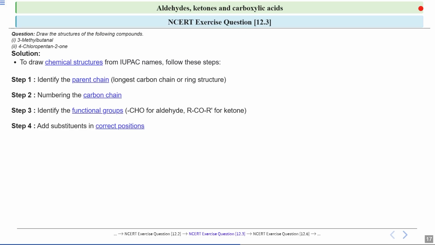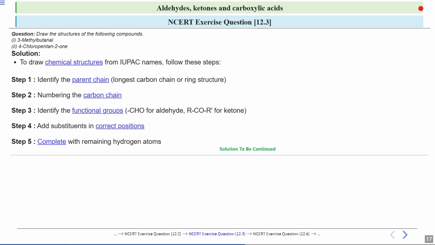The numbers in the name tell us exactly where these groups should go. Step 5 is to complete the structure by adding the remaining hydrogen atoms. You all know that carbon should have 4 bonds, so fill in the hydrogens wherever needed to satisfy this rule. Make sure you follow these steps to draw the chemical structures for the IUPAC names.